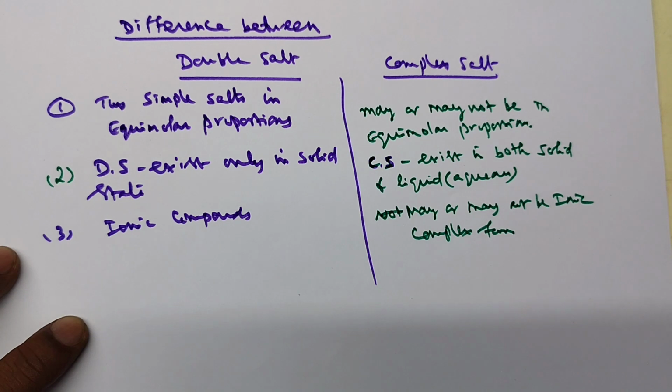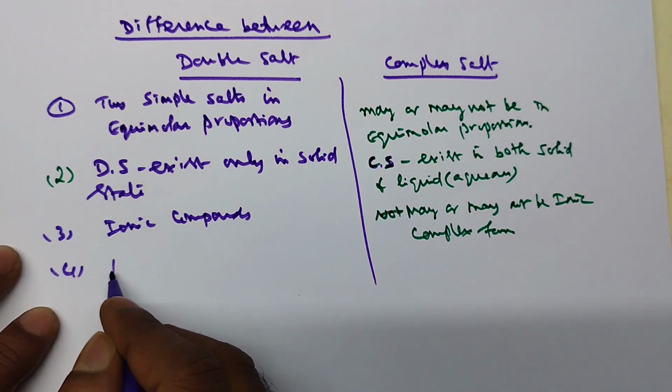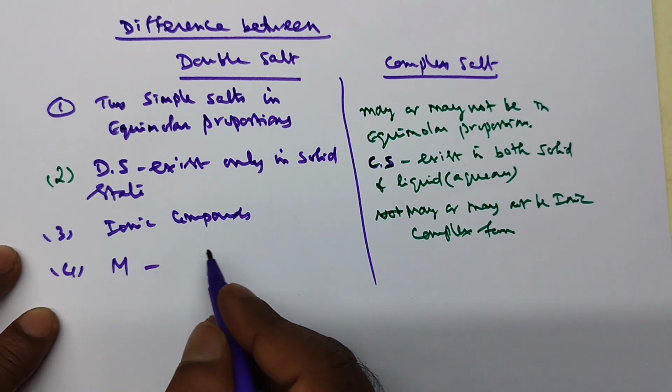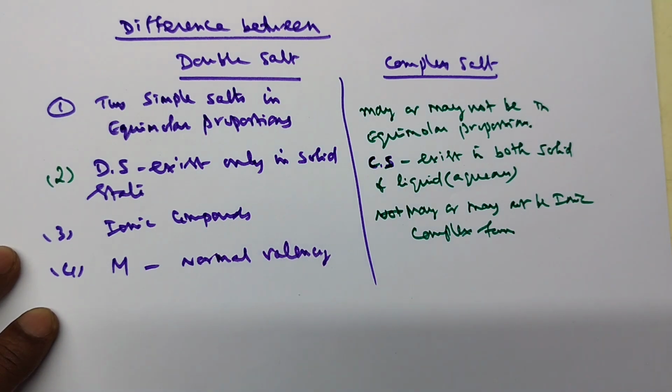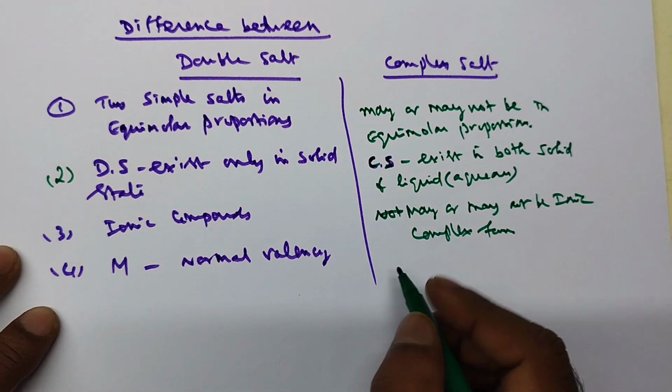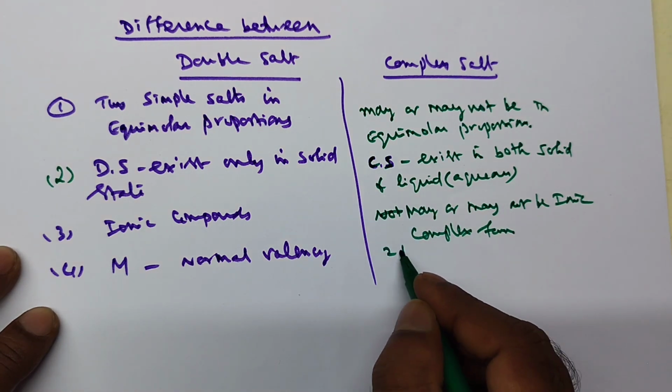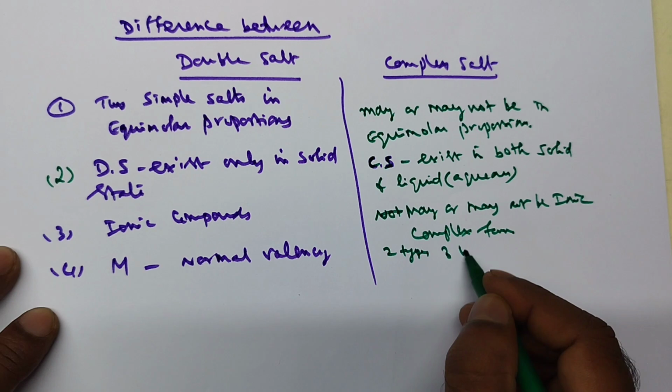Okay. Another difference is that in a double salt the metal ions show the normal valency, whereas in the case of coordination compounds, two types of valencies are there.